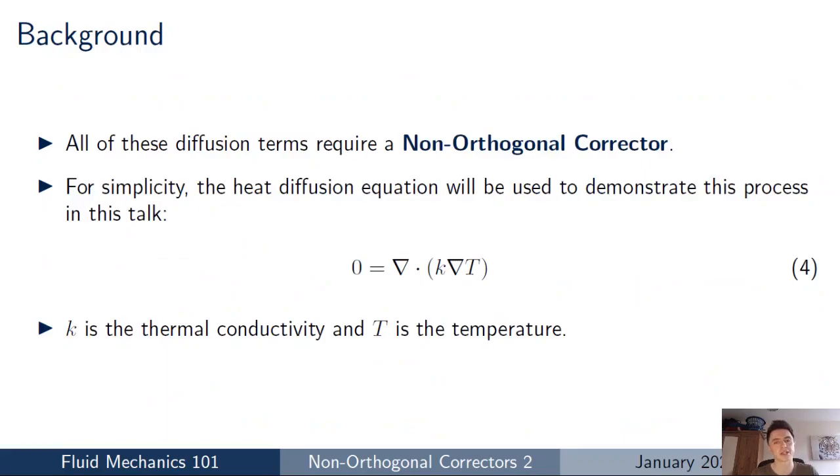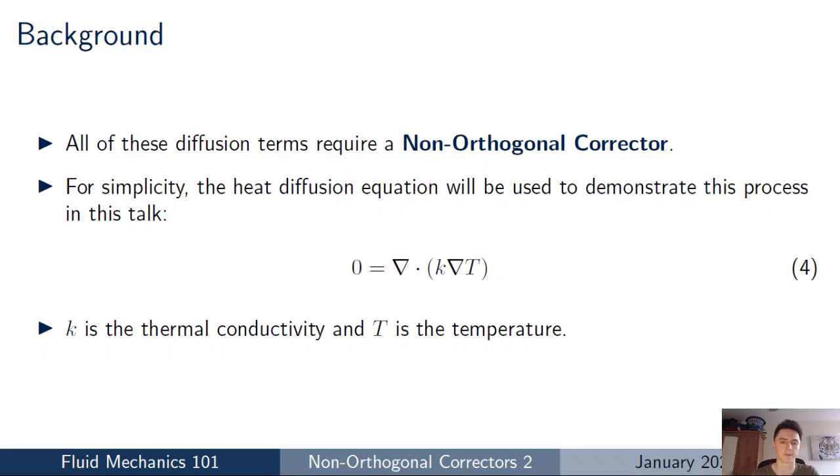Because this diffusion term is so common and appears in the majority of scalar transport equations, to demonstrate the non-orthogonal corrector process I'm just going to look at the simple heat diffusion equation, which you can see there in equation 4. Again, it has the same form that the majority of diffusion terms have, but we're going to ignore all of the other terms that may be present in the equation, just to simplify things for this analysis.